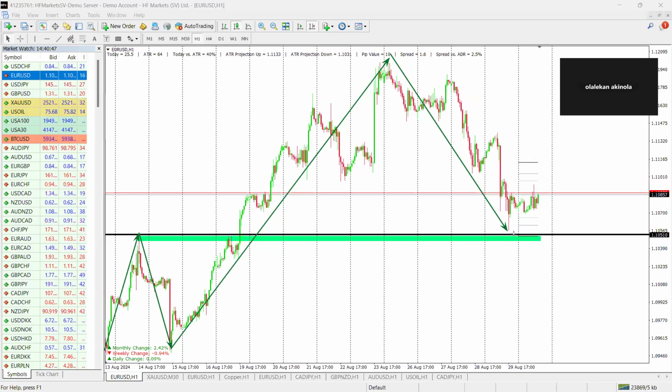The market used to price in a 75 basis point cut, a 50 basis point cut in interest rate, but we've now trimmed the odds from 36% to 32%. There is also PCE later in the afternoon that might further determine if these odds are going to be further trimmed or we are going to keep our expectations still at 50%. So that might determine what will happen to this asset.